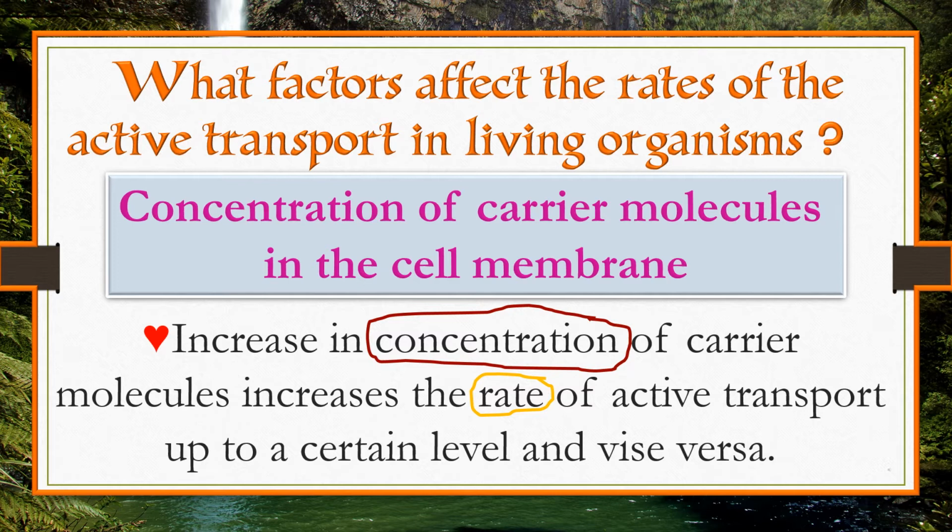And if the concentration of carrier molecules is lower, that will reduce the rate of active transport because fewer molecules are carried across the membrane. So the concentration of carrier molecules in the cell membrane affects the rate of active transport in living organisms.